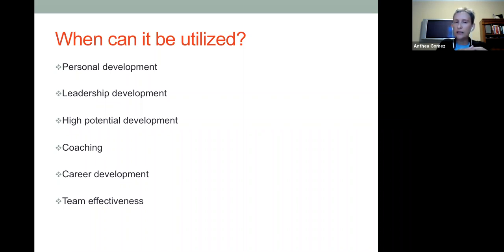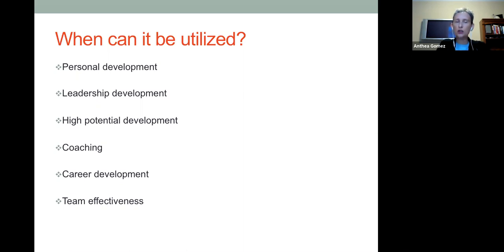We find that that works very well, not necessarily from a performance improvement perspective, but helping people move forward if there are some stumbling blocks or areas in how their leadership is currently at and versus where the organization would like it to be. High potential development, I don't have on here succession planning, but it's used for that as well when organizations have a very formal succession planning process in place.